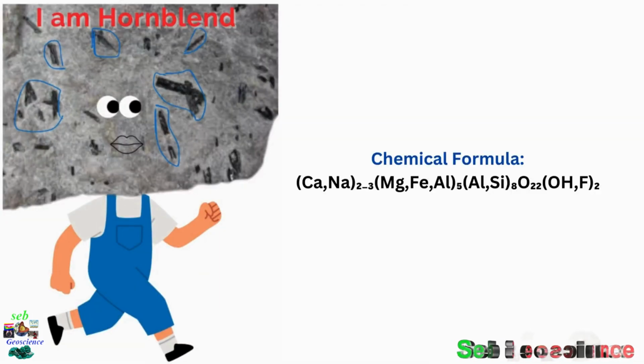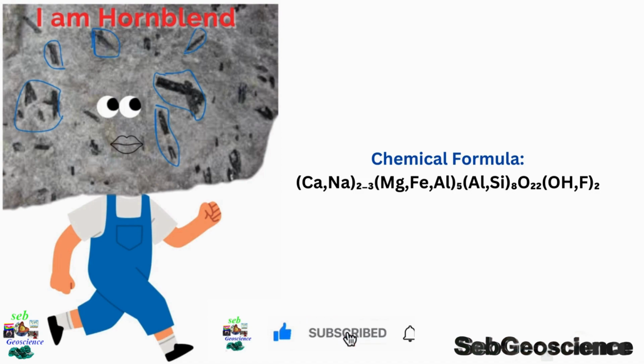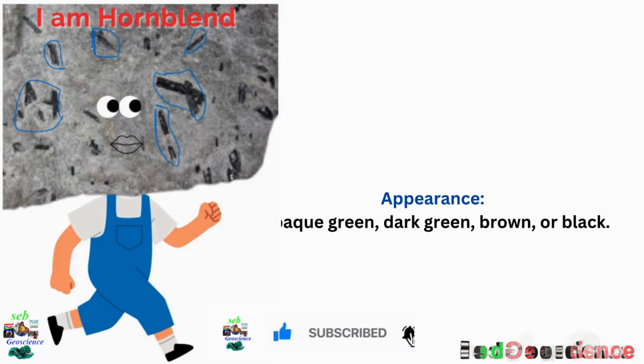The chemical formula of Hornblende is Ca2(Mg,Fe,Al)5(Al,Si)8O22(OH,F)2. The appearance is opaque, green, dark green, brown, or black.